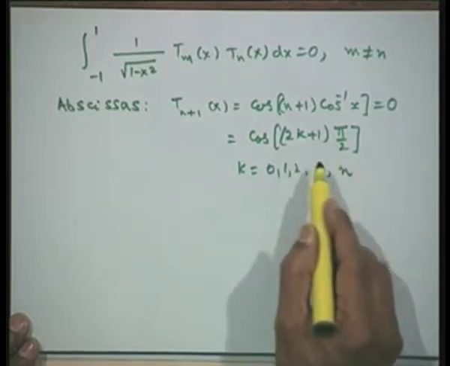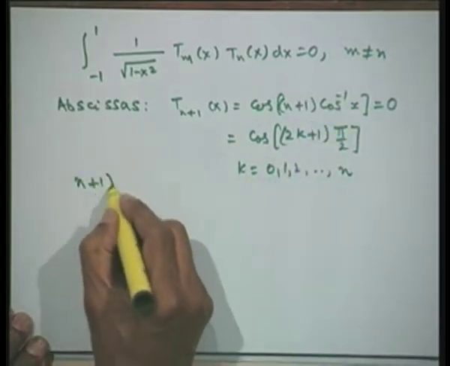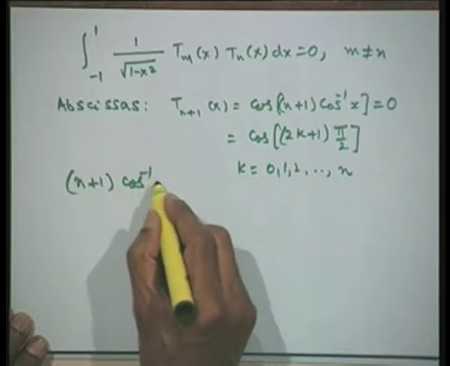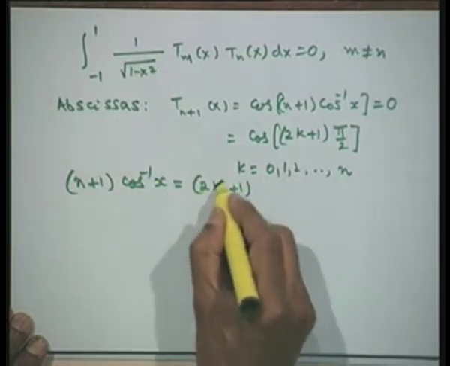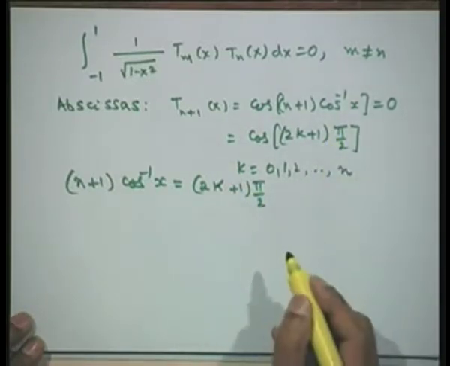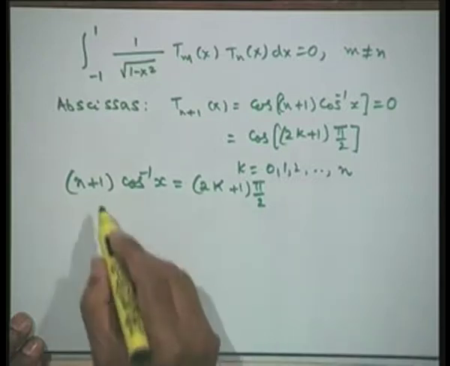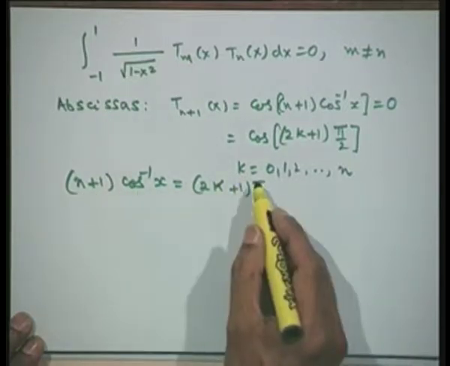Now, if I compare these two, comparing the arguments of the two functions, what I would get is (n plus 1) cos inverse x is equal to (2k plus 1) pi by 2. Then bring n plus 1 to the right hand side and also cos inverse x to this side.